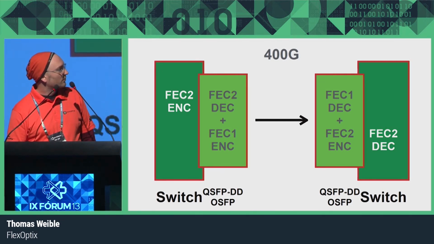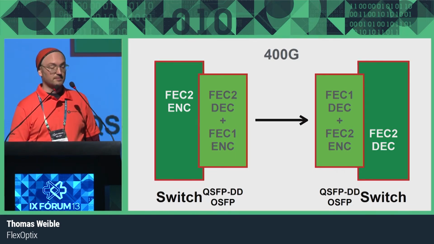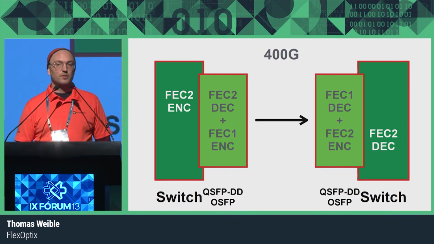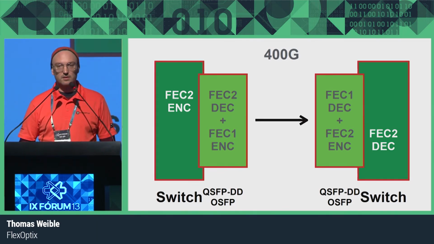So on the communication between the switch and the transceiver, the signal is passed over to the FEC 1, where the encoding is done again, and passed over on the fiber. On the other side, it works vice versa. FEC 1 decodes, and then FEC 2 encodes it or hands it over to the switch. So now we have 4 FECs in place in the overall link, so we have more delay. And yeah, I think that's important to know.